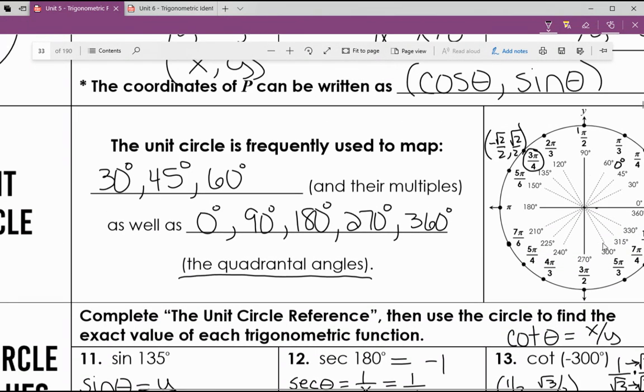2 pi over 3 is also in quadrant 2. The ordered pair associated with that should be negative 1/2 and radical 3 over 2. Is that what you have when you look at 2 pi over 3 in quadrant 2? All right.